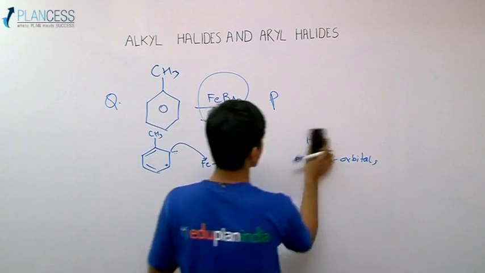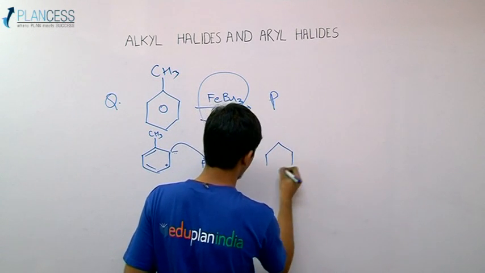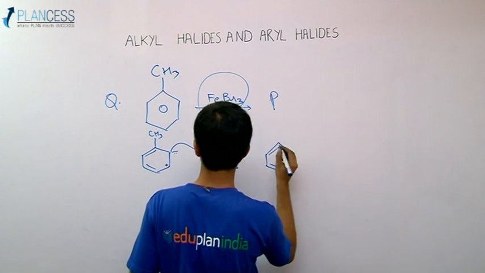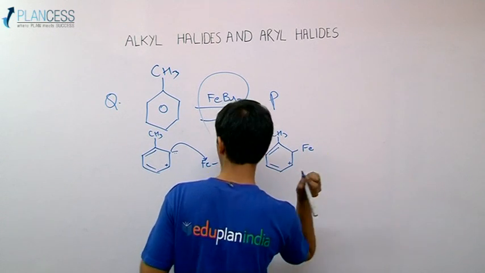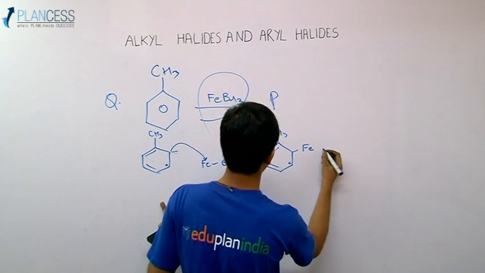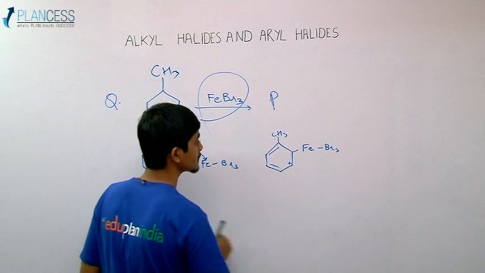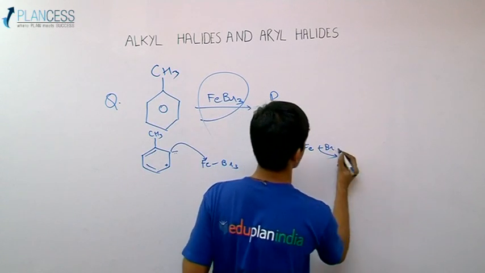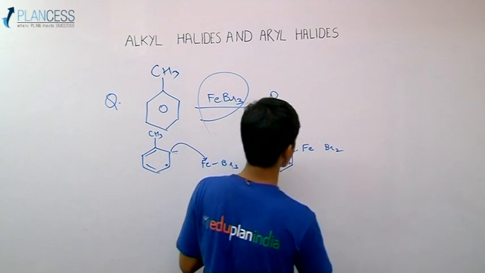So we write it like benzene ring, then we have positive charge here, CH3, and our electrophile as Fe, negative, and this has FeBr3, but then this will get a negative charge and hence one of the bromines would leave to give FeBr2.